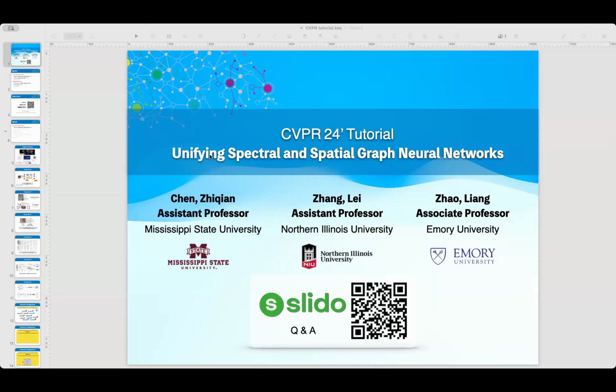So in this paper, the authors need to analyze the spectral filters, which is what we use for spectral graph neural network models. But as you can see, in both works, people have different systems, different ways of analyzing those methods, which prevents us from having a better understanding of both the spatial and the spectral graph neural network models.